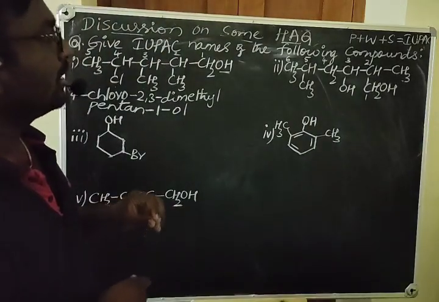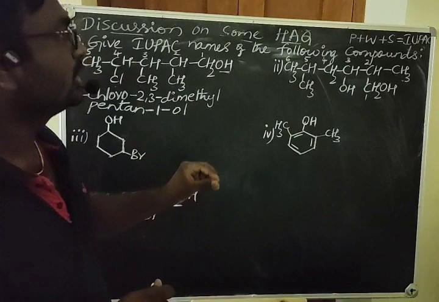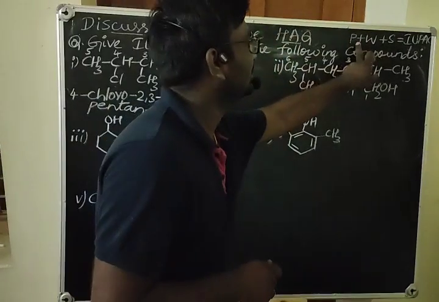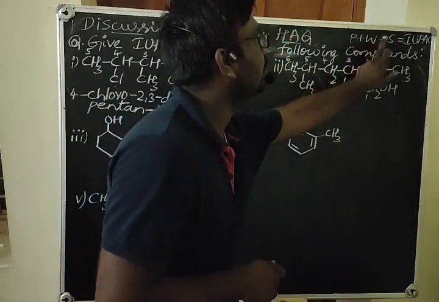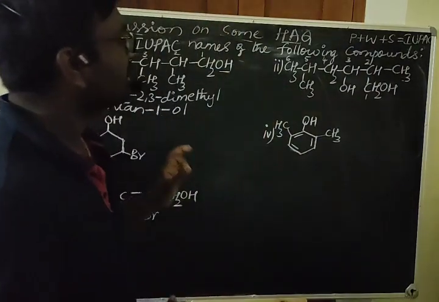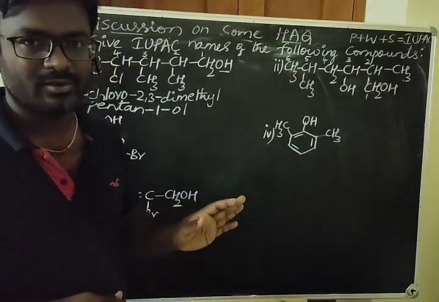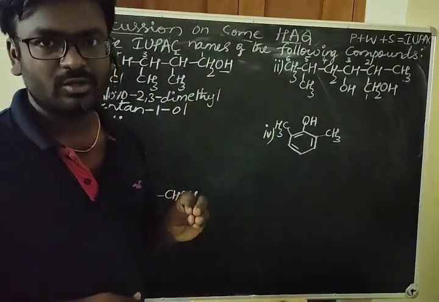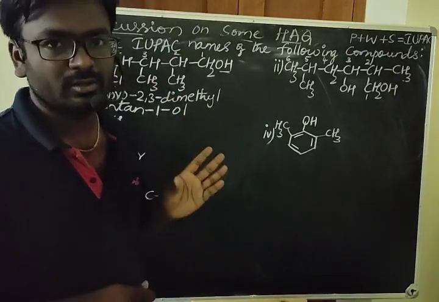Now we have to follow the IUPAC sequence: prefix plus word root plus suffix. Prefix is given for the minor functional groups or the substituent groups.